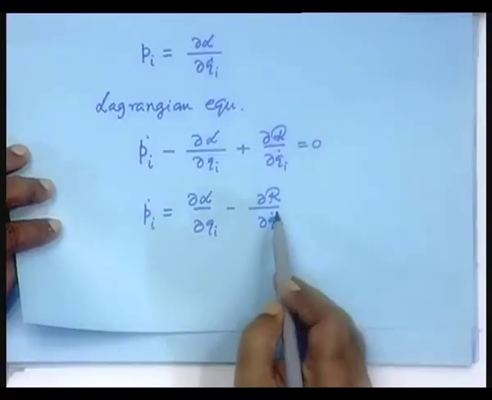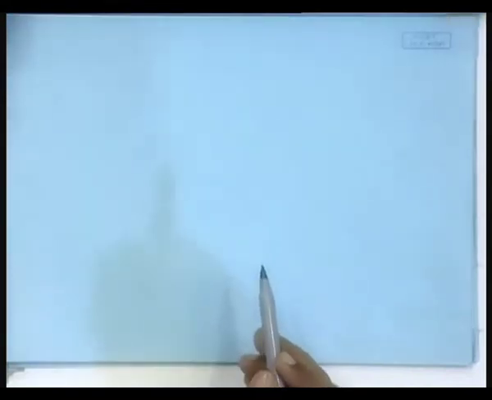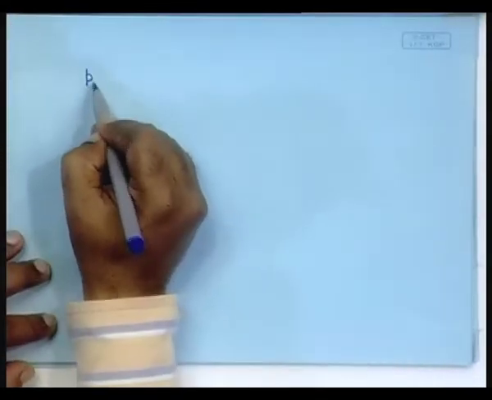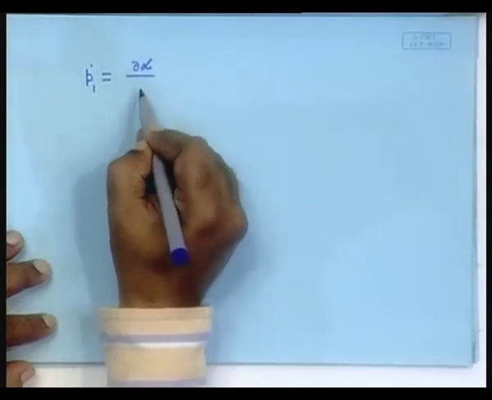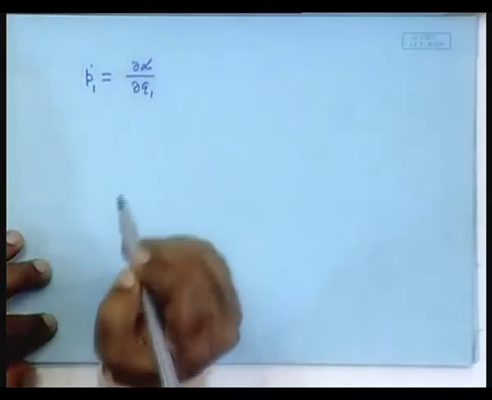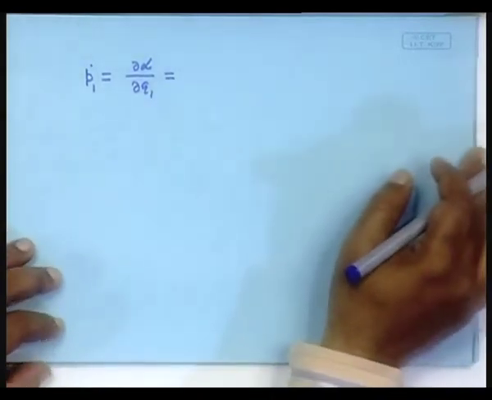In this equation, in this case the r term is not there. So, only this much. So, we will have to write P 1 dot is the derivative of the Lagrangian with respect to q 1, which is something that we had already written up.